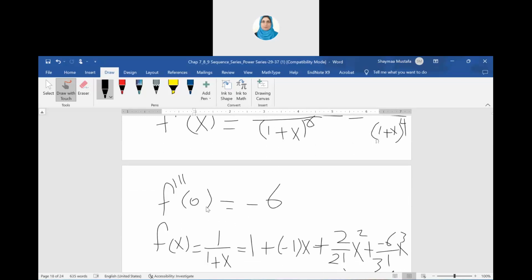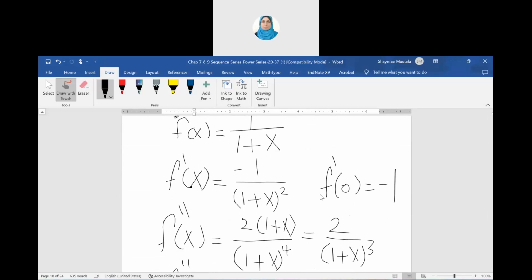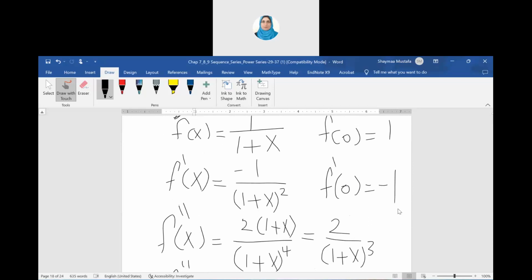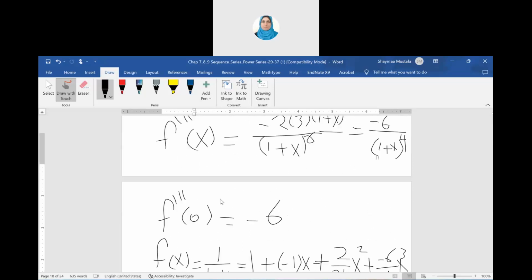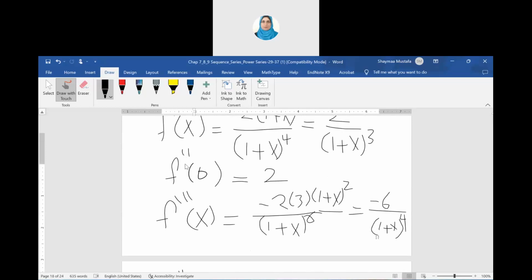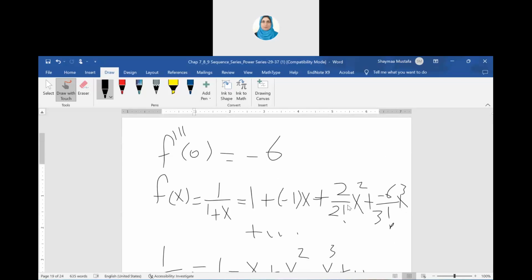Enough here. No need to continue to find more terms. The first 4 terms are enough. So the first term is 1, f of 0. The second term is f prime of 0, which is minus 1, times x, plus the second derivative of f at 0, which is equal to 2 over 2 factorial, x squared.